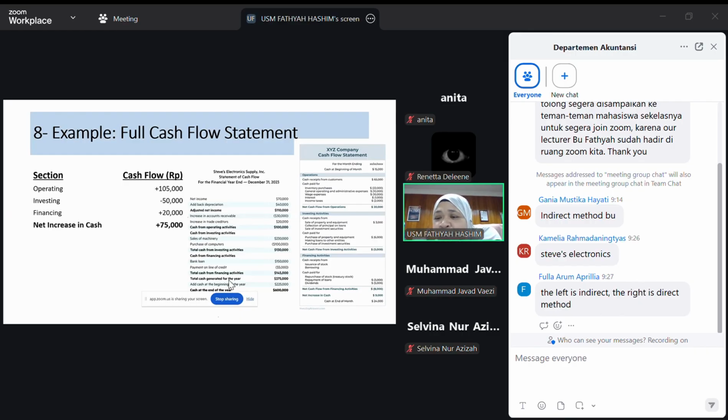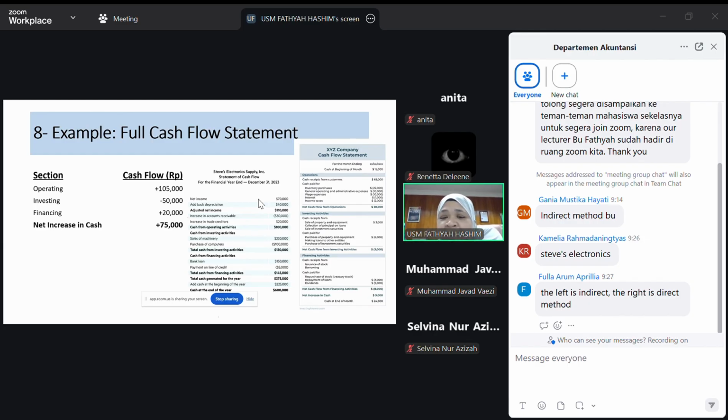But for XYZ, if you look at the far right side of the screen, in the operation section, it clearly states cash received from customers, cash paid for inventory purchases, general operating and administrative expenses. These are itemized directly for the cash activity under operations. That is the direct method.